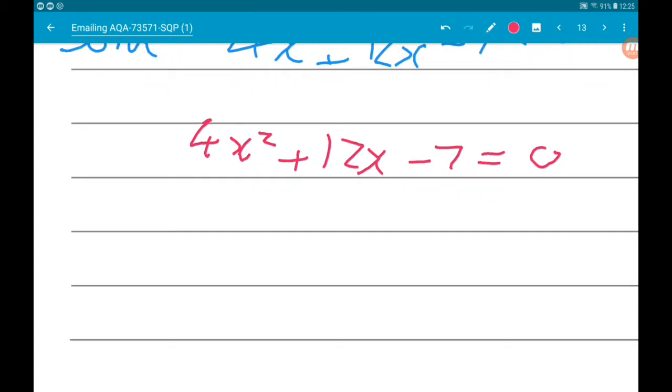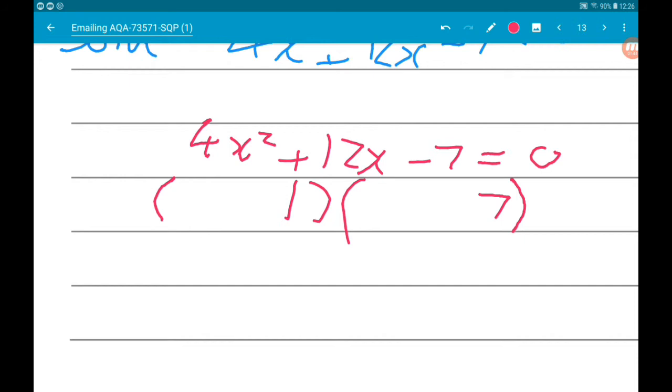It's only 2 marks, so we should be able to factorise this. Not many things multiply to give us 7, it's just 1 and 7. So we can plug those in. Now we do know that 1 is going to have to be positive and 1 negative. Now to get the 4x squared, we could either have a 4x and an x, or we might have a 2x and a 2x.